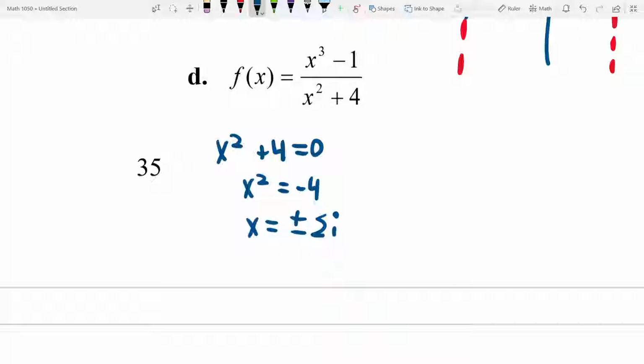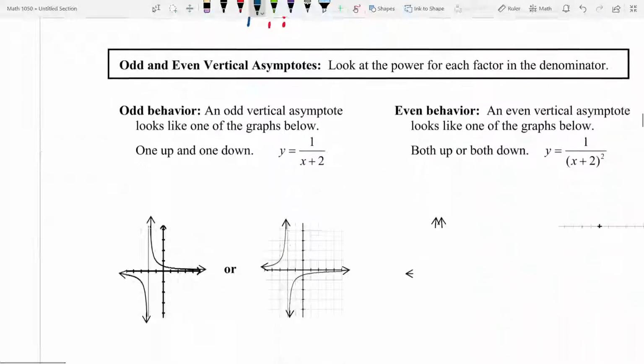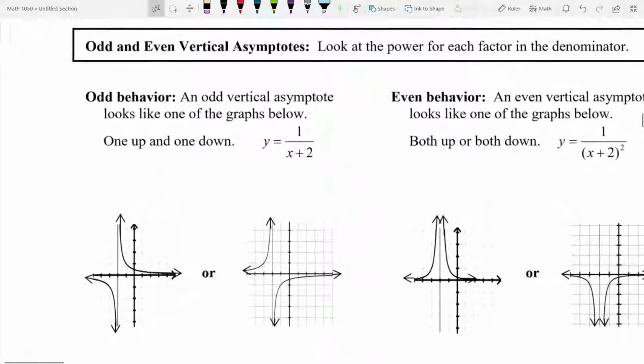Do you really think we're going to try to graph an imaginary vertical intercept? No. So what would the vertical intercept be? There is none, okay? That is going to be extremely rare, just so you know, that we would not have a vertical asymptote.